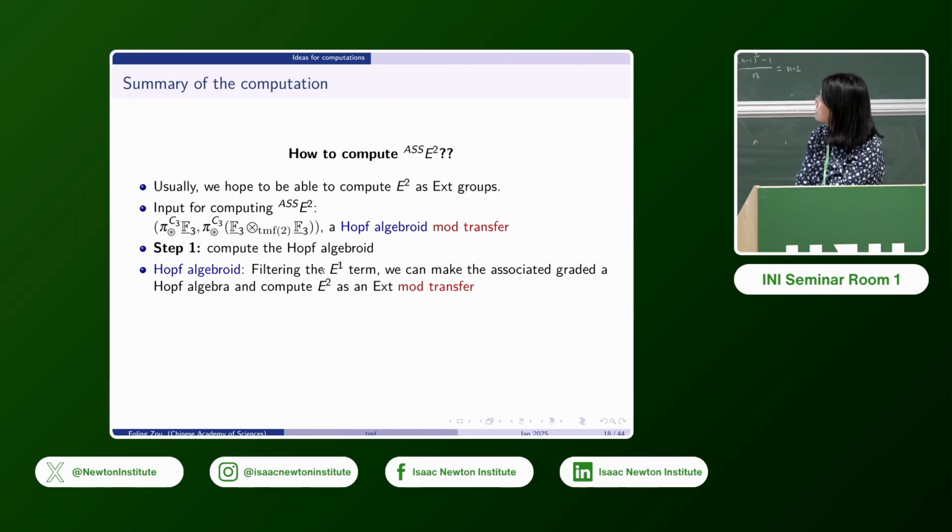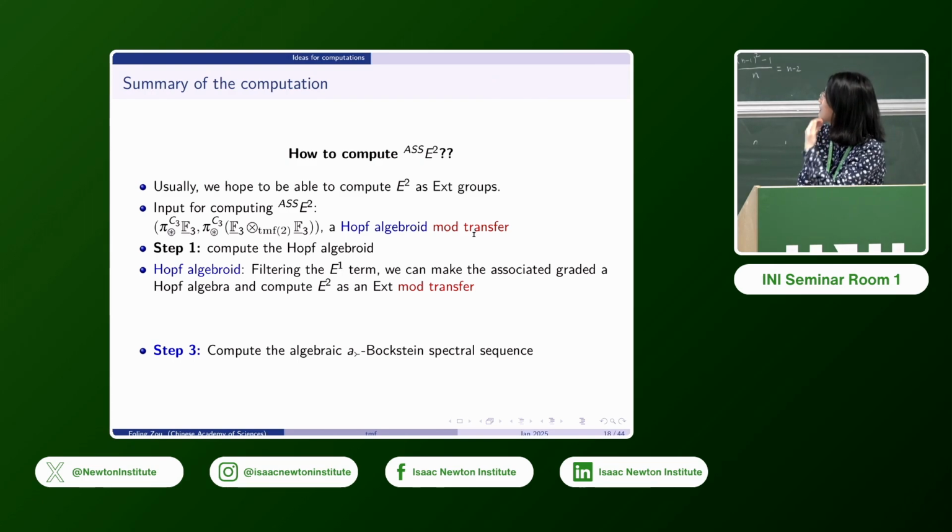Usually you just filter the E1 term, then you will have an associated graded being a Hopf algebra, and then you can compute the E2 page as an Ext that way. And then you do some algebraic Bockstein spectral sequence to recover the E2 term. That's okay, but it's only a Hopf algebroid mod transfer.